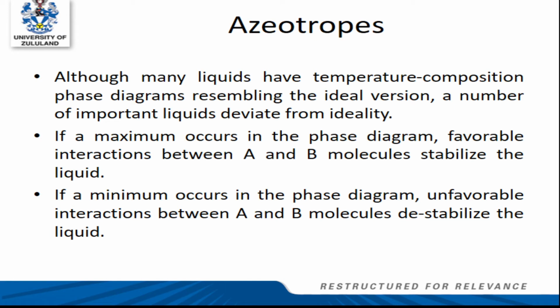So in a nutshell, what I'm trying to say is that we can have two different types of azeotropes. One type is whereby a maximum is occurring. The other type of azeotrope is whereby we can see that a minimum is occurring.